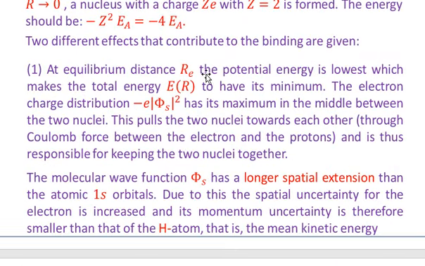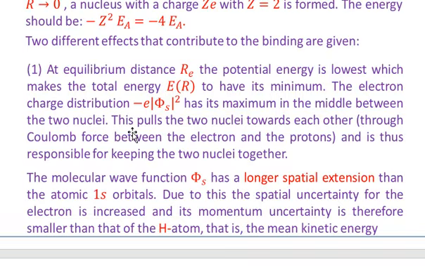At the equilibrium distance RE, the potential energy is lowest, which makes the total energy E of R have its minimum. The electron charge distribution, minus e times the absolute square of phi s, has its maximum in the middle between the two nuclei. You know that I have already plotted this function.